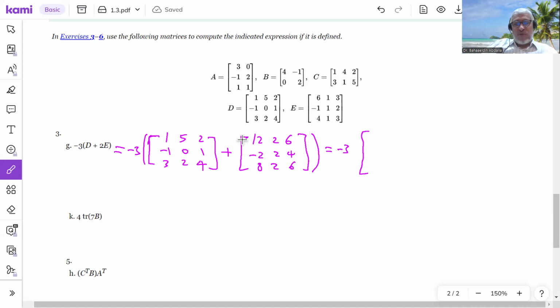So 1 plus 12, 5 plus 2, 2 plus 6, negative 1 plus minus 2, 0 plus 2, 1 plus 4, 3 plus 8, 2 plus 2, 4 plus 6, and then you can multiply each entry by negative 3.